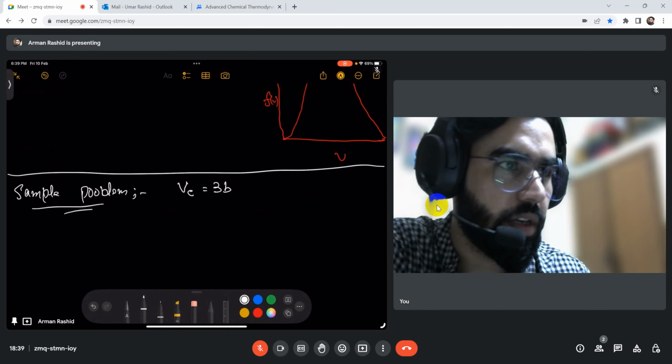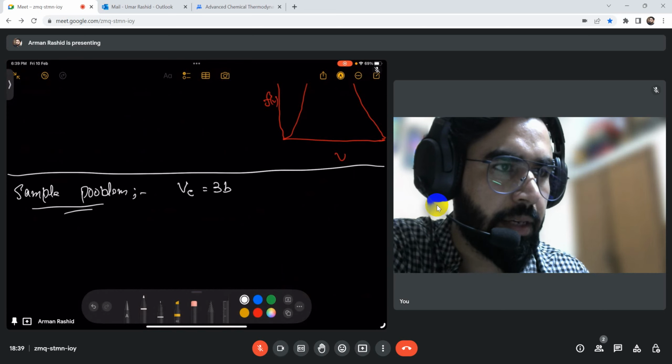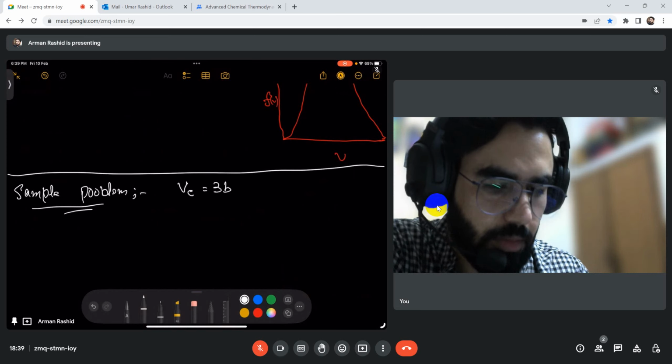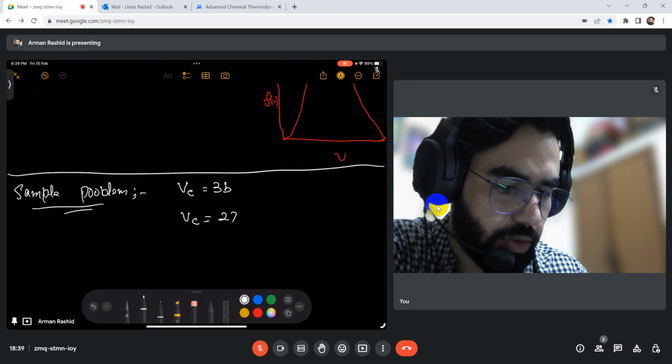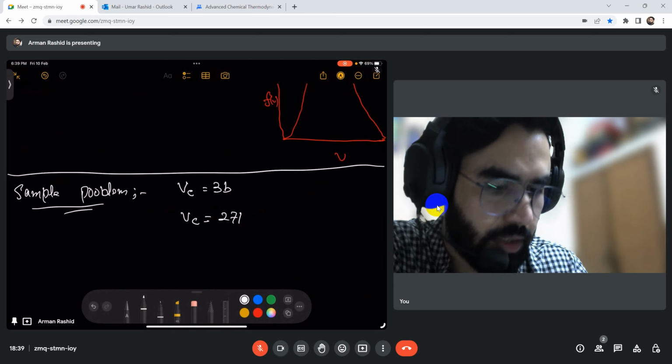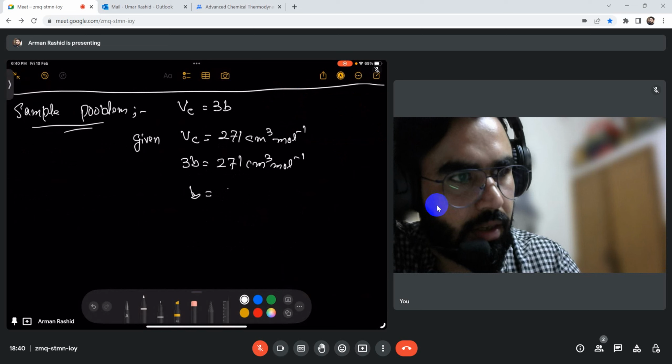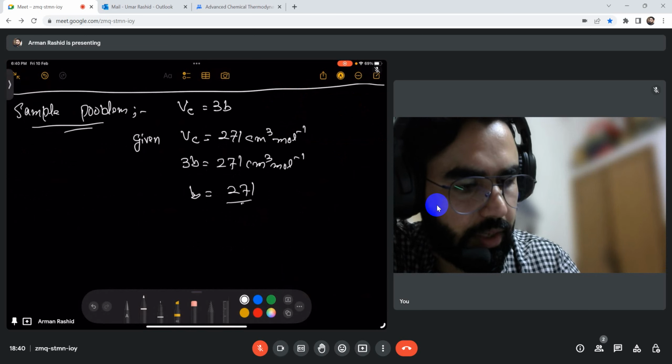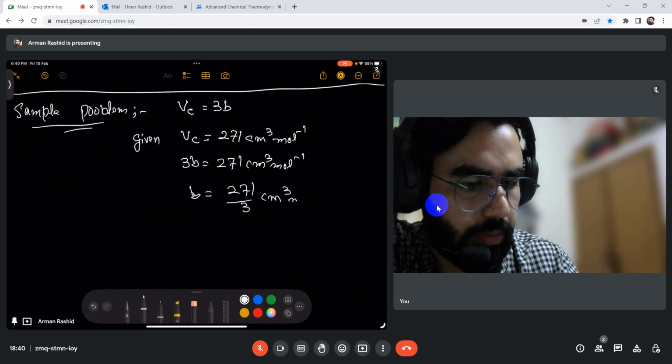The critical volume given is 271 centimeter cube per mole. That means 3b is equivalent to 271 centimeter cube per mole, so b will be given by 271 divided by 3 centimeter cube per mole.